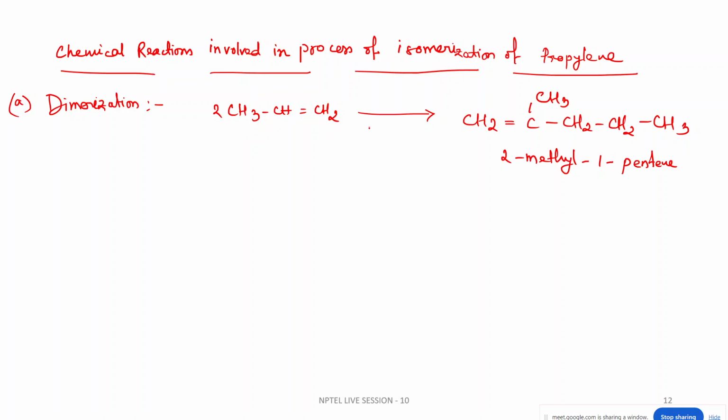In this process, you have to maintain high pressure, high temperature conditions, and an aluminum based catalyst. The next step after the dimerization would be isomerization.